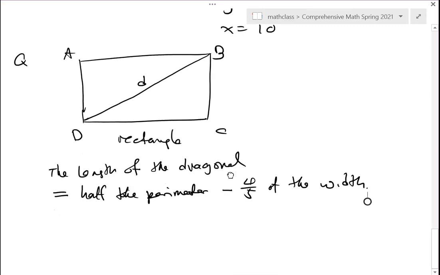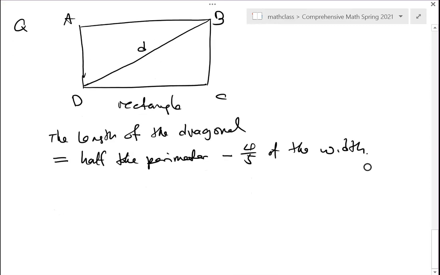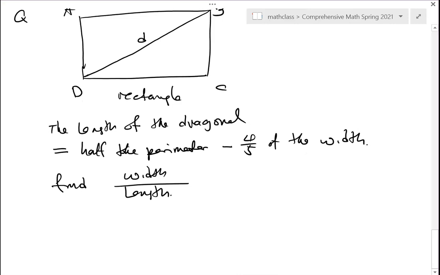We don't know the dimensions. Find the ratio of the length of the shorter side to the length of its longer side of the rectangle. That should not be that complicated. So can you solve it?